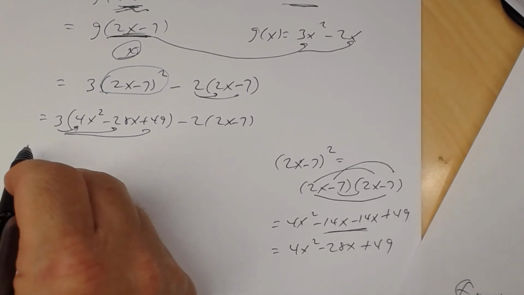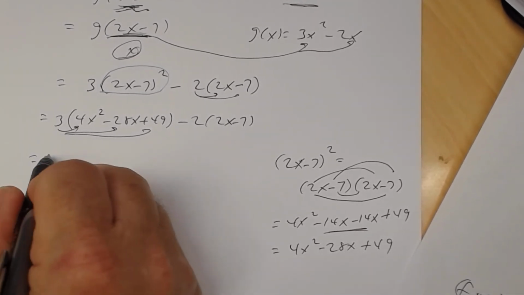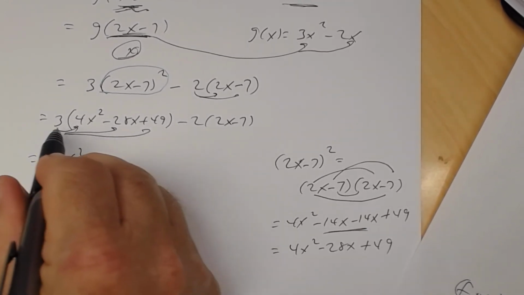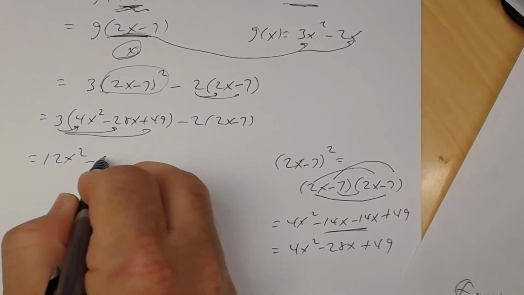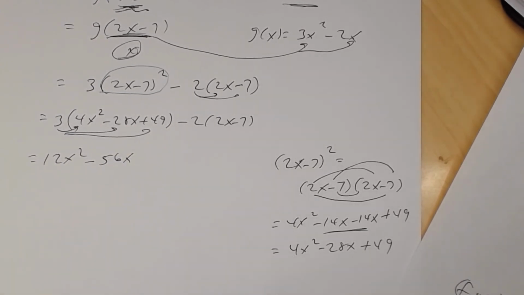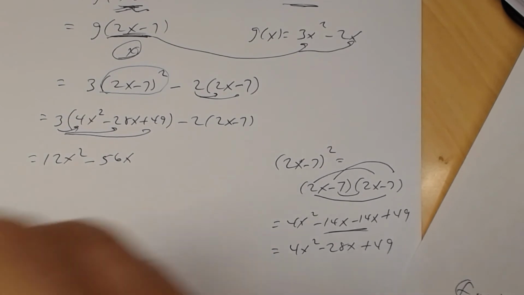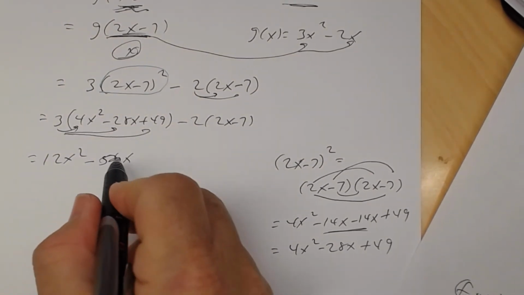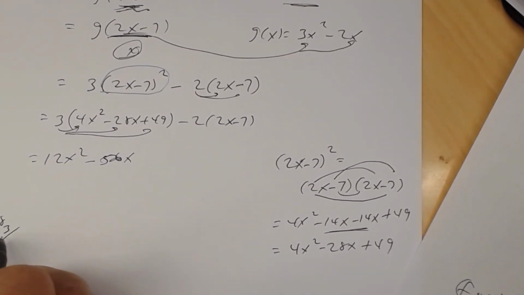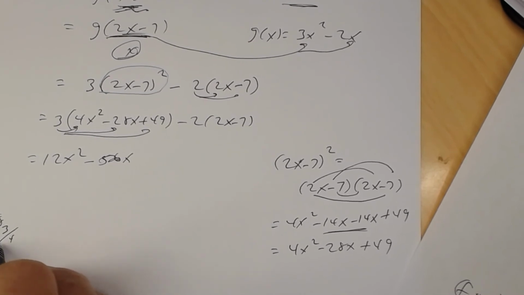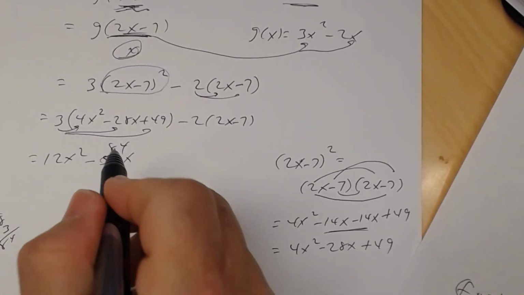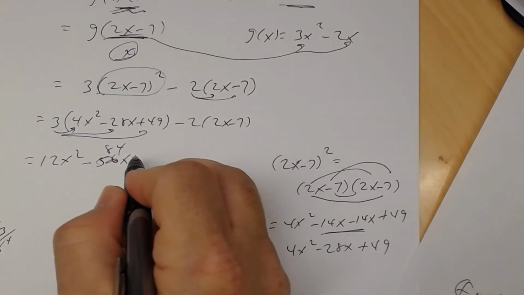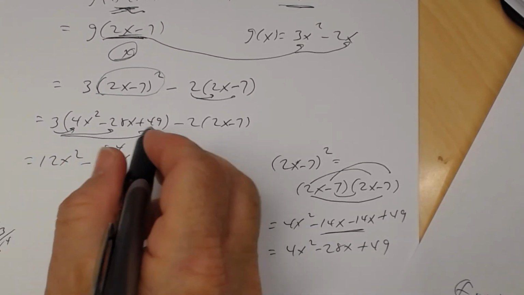And so when I distribute, I'm going to get 12x squared. 3 times 28, what's that, 84? So minus 84x. And then plus 3 times 49.